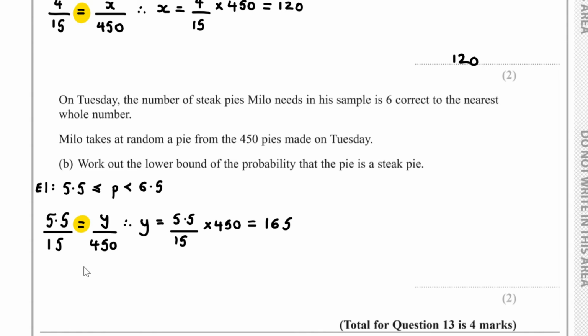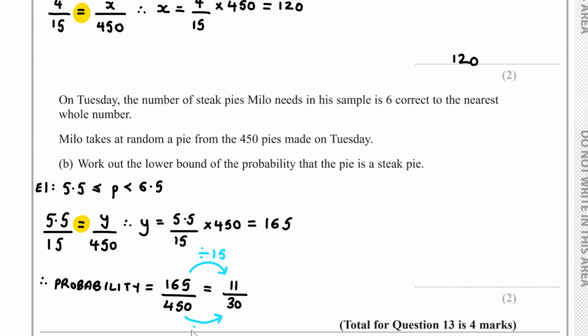And therefore for the probability, we've got 165 over 450, which if I simplify this by dividing through by 15, we get 11 over 30. So just to emphasize, we will divide top and bottom by 15 to get this value. So we've got the probability being 11 over 30.